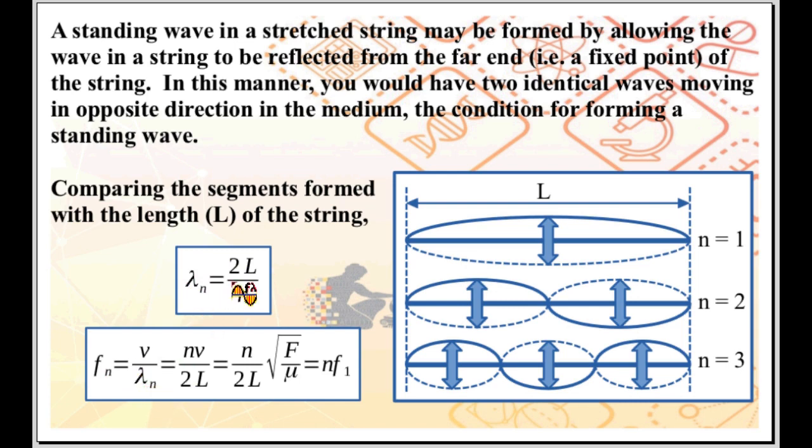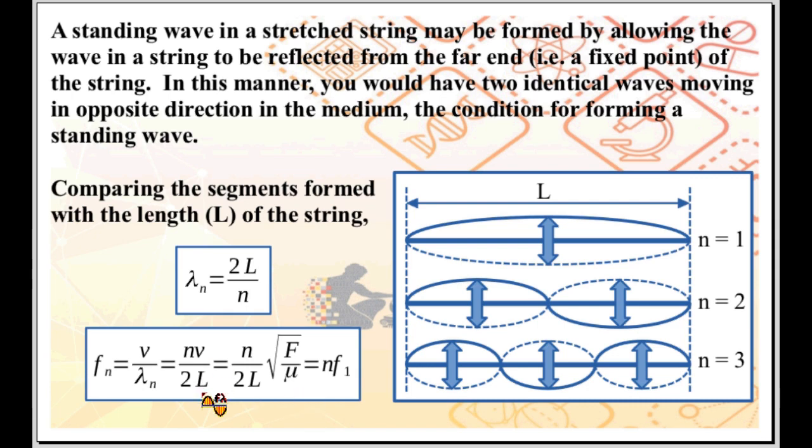And lambda n is 2L over n, which gives us f n is equal to nv over 2L. v is the speed of wave in a string. v is just equal to the square root of F over mu, the square root of tension in the string divided by linear mass density of the string. Thus, f n is equal to n over 2L times the square root of F over mu.